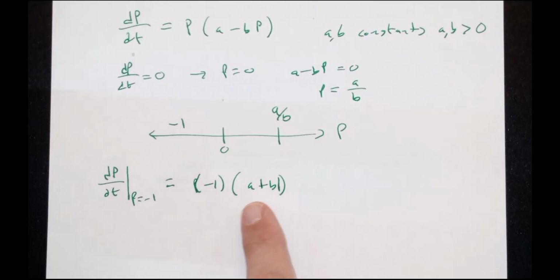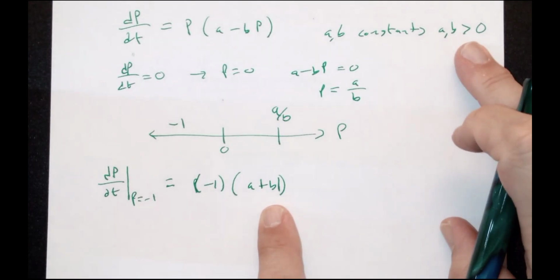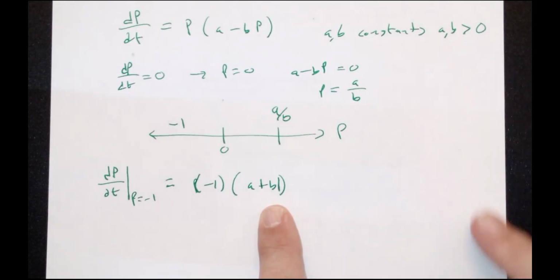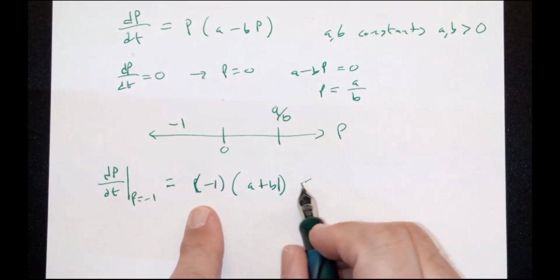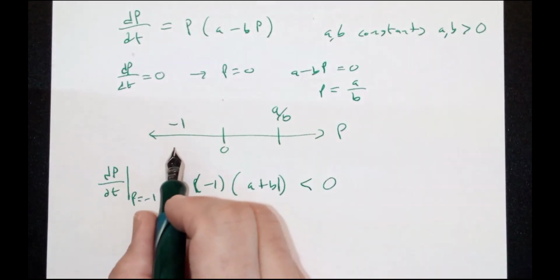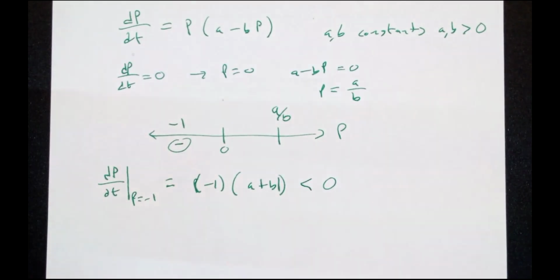Well, it's A plus B. It's some constant, but it's not just any constant, it's a positive constant. Each of those numbers is positive. You add two positive things, you get a positive, which means my slope is negative. I'm going to write that right here. A little circle around it. My slope is negative there.